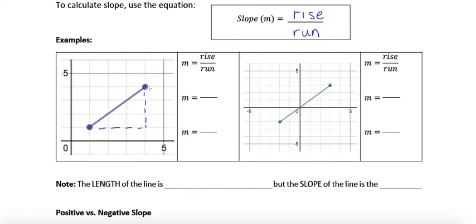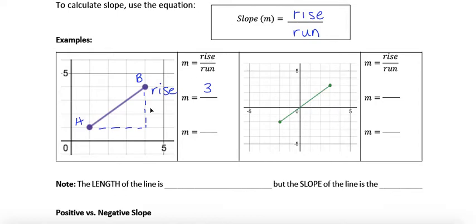The rise is the vertical distance between these 2 points, so I need to look at how many units I'm going up or down. Labeling this point A and point B, going from left to right, the rise is 1, 2, 3 units, because my scale goes up by ones for my horizontal and my vertical axis.